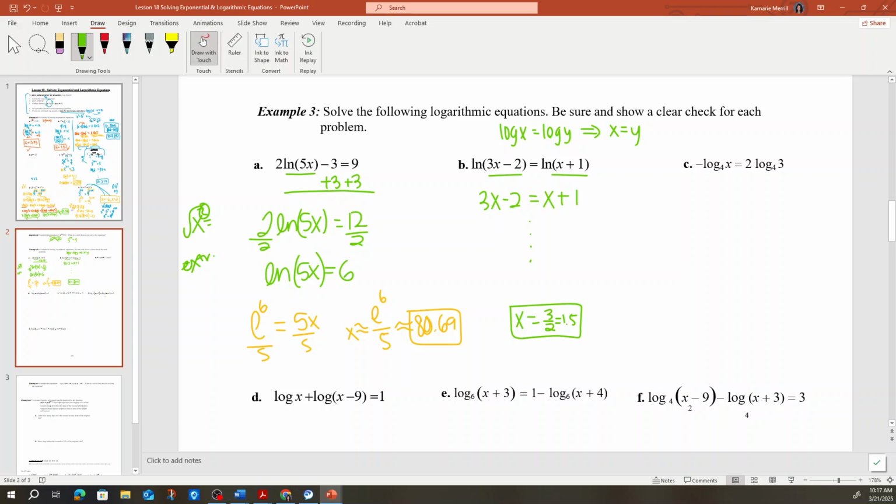So instead, before I can use this property here, what would I have to do with these front numbers? Because this property is not allowed yet. I can move them, can't I? What do I do with that -1? Put it up to the x. Yep, this moves up, and this moves up.